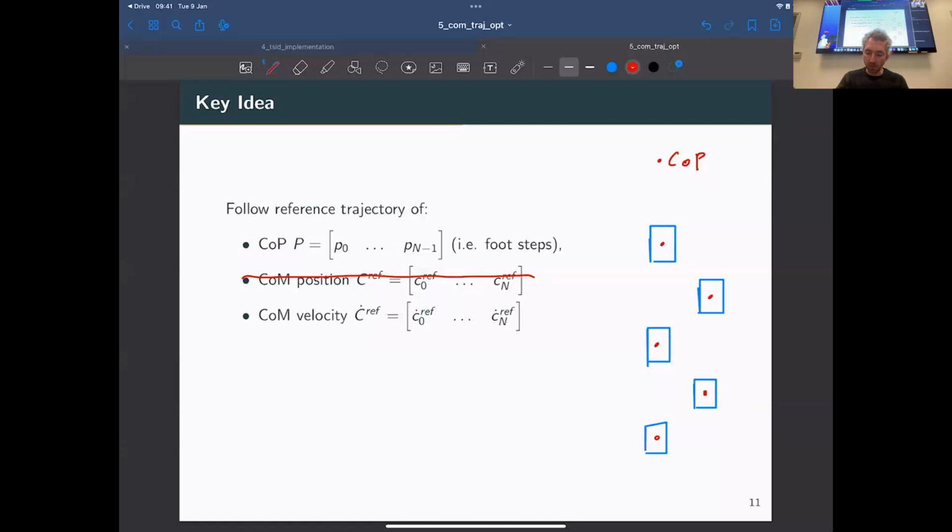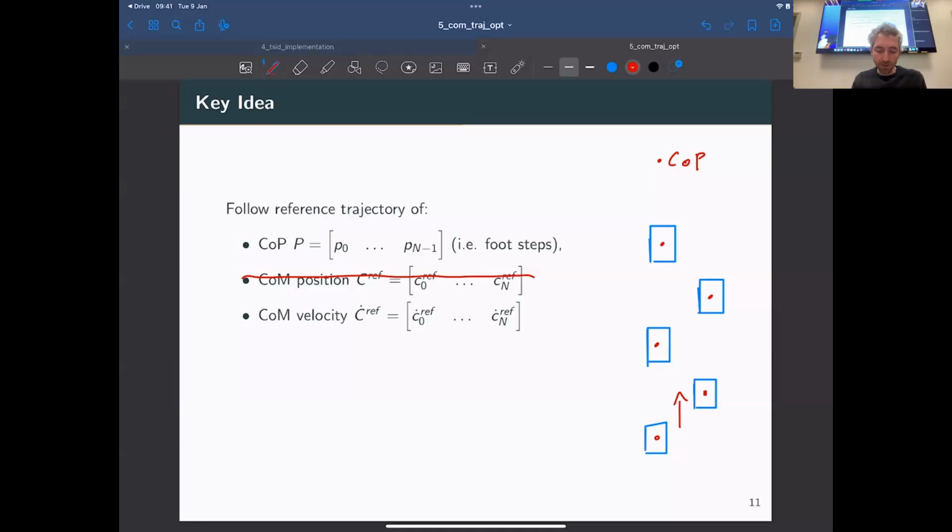So we should ask for a reference velocity that points in this direction, and so that it matches more or less the speed of the footsteps. So maybe we could simply compute the overall distance that the robot has to travel divided by the time of the trajectory optimization problem, and that's going to give us the average velocity of the center of mass, and that is the velocity that we can give as a reference to the problem. So something very simple.